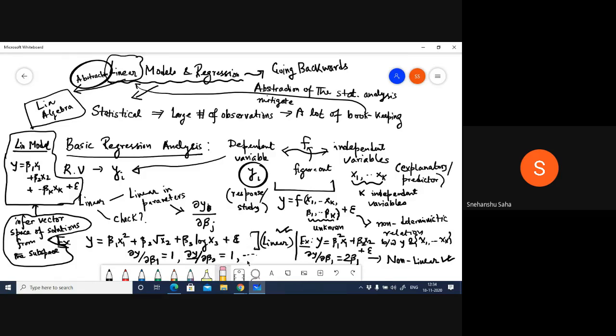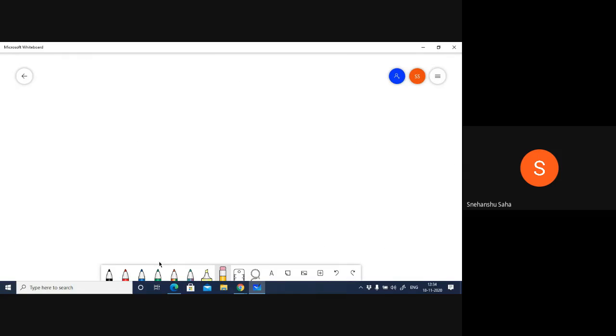With this, I can now formalize the regression model itself, right? If I take an example, I have a formal regression model, which is y = beta 1 x1 + beta 2 x2 + epsilon. I'll come to this epsilon later.